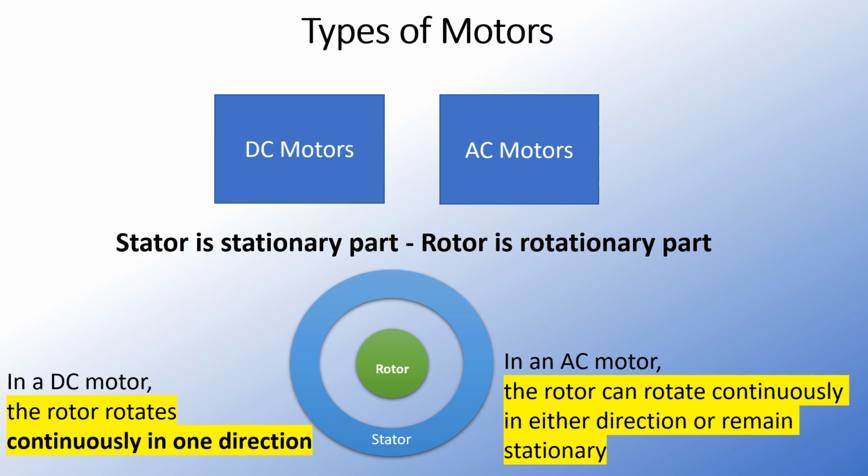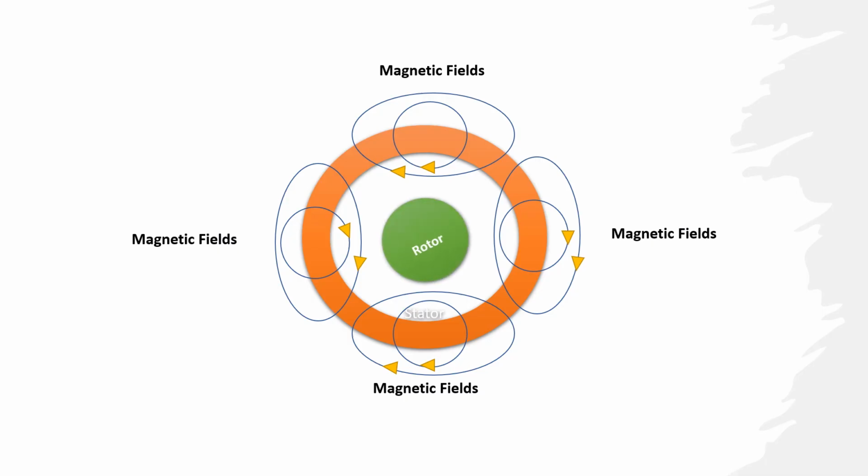The stator remains static, it doesn't move, and the rotor moves, and they utilize the interaction between magnetic fields to generate rotational motion. I will explain deeper later how a motor moves, but just to give you an overview: the magnetic field between the stator and the rotor is what makes the whole motor move or produce a rotational effect.